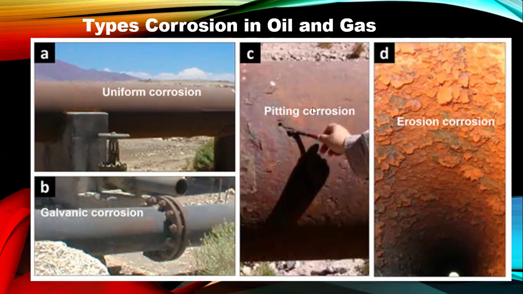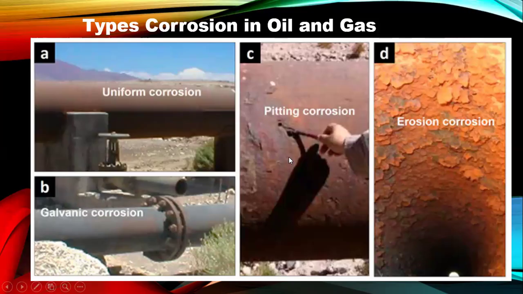So that's your uniform corrosion. Then we have galvanic corrosion. This is when we have two metals with dissimilar properties attached together, like attaching carbon steel and stainless steel. The area where they are joined tends to form corrosion over time. We also have pitting corrosion.